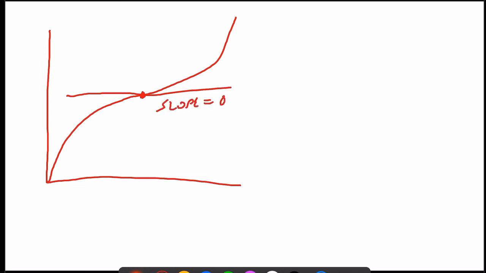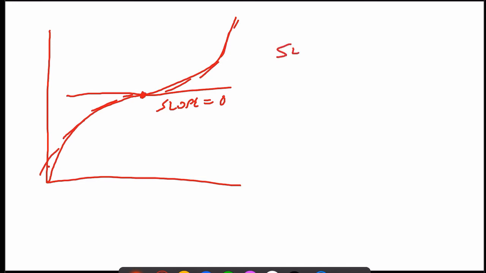But we don't have the change in the slope being constantly positive or negative. The change in the slope is changing, right? So here the slope is getting smaller, it's a minus. Here the slope is getting bigger, it's a plus.